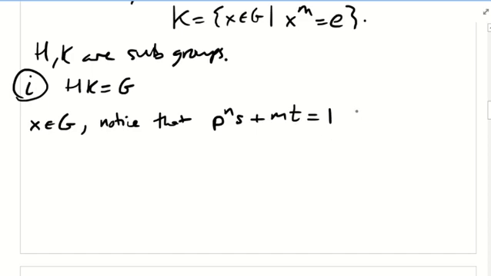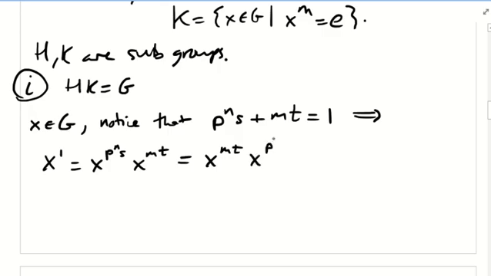All right, so this means that x to the 1 is equal to x to the p to the n times s, times x to the m t. G is abelian, so I can switch these around. It turns out that x to the m, if you raise it to the power p to the n, you get the identity, right? Because p to the n times m is the order of the group, and all elements have order that divides the order of the group by Lagrange's theorem.